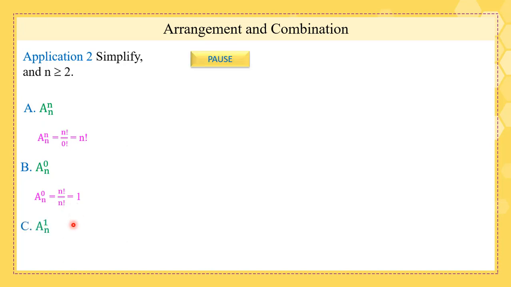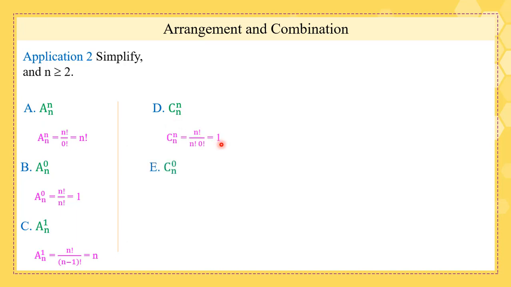Try to do the third one. This is n factorial over (n minus 1) factorial, which is n. Now this one is equal to 1, and this combination is also equal to 1.